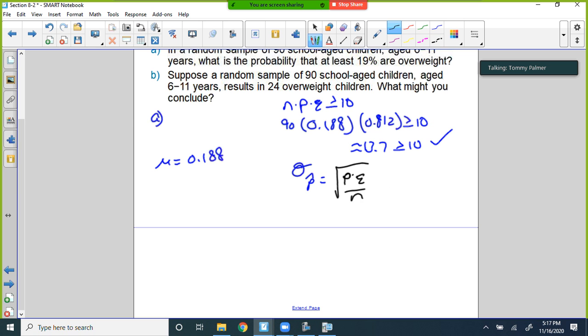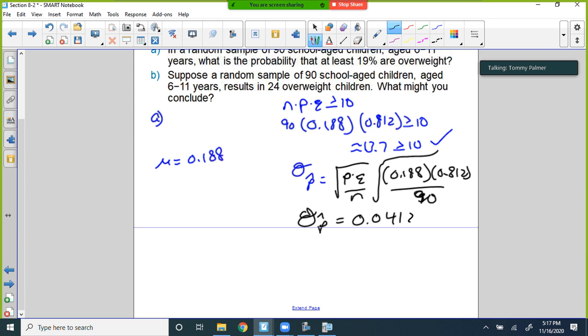Well, p is 0.188, q is 0.812, all over 90, and that would be the square root. So what does that leave me with for p hat? Should leave me with 0.0412, right? Y'all agree?